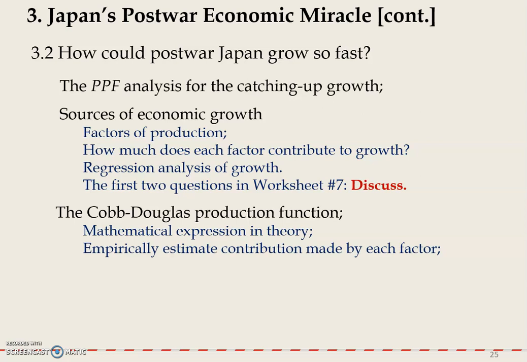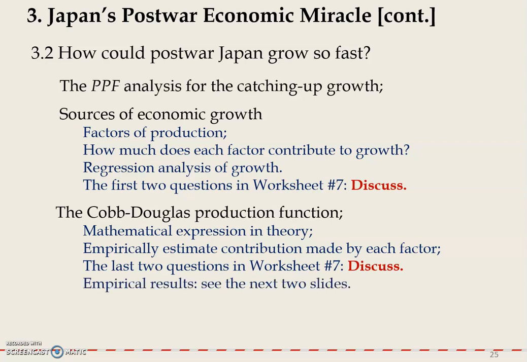What matters here for us to understand Japan's economic miracle is to empirically test or estimate the contribution made by each factor: capital, labor, land, and technology. For the last two questions in the worksheet, you will have a chance to come up with your own methods, and then we're going to discuss how that can be tested empirically, in other words, with real-world data about Japan.